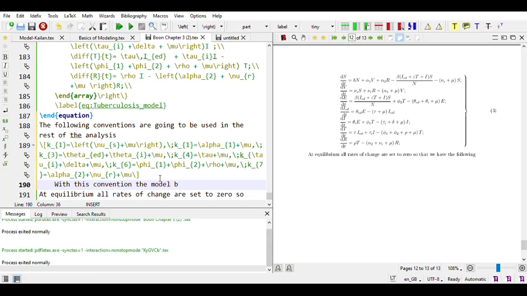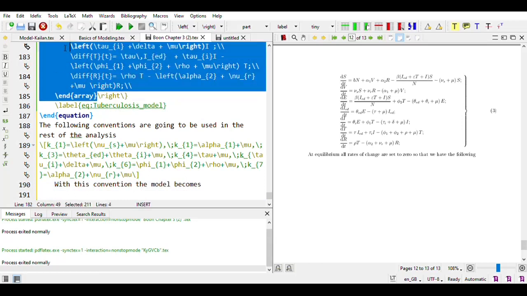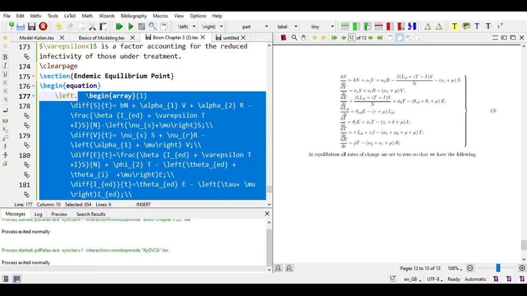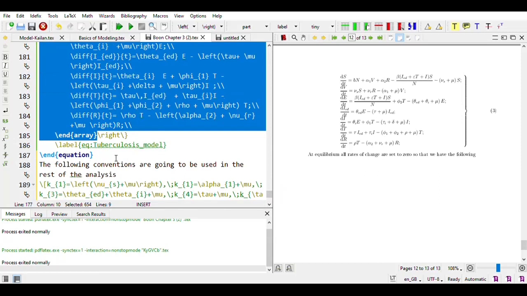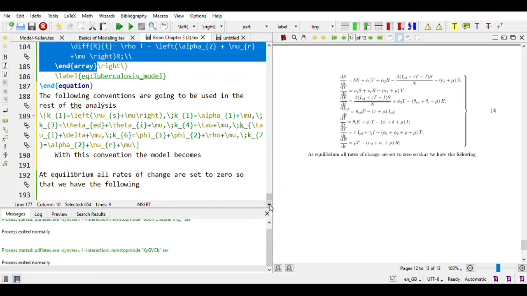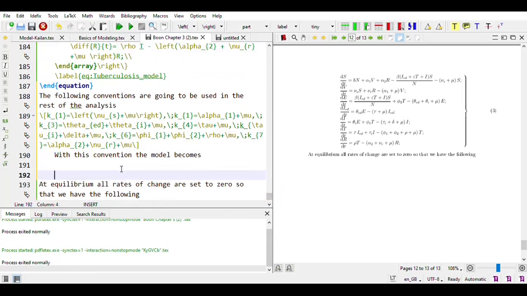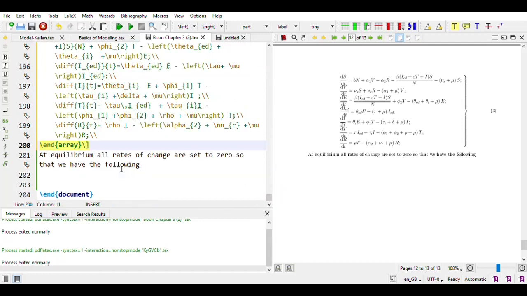So with this convention, the model is going to become something like whatever we have here. We are going to copy the whole model, and in place of these compound sums of parameters, we can use the new symbols.